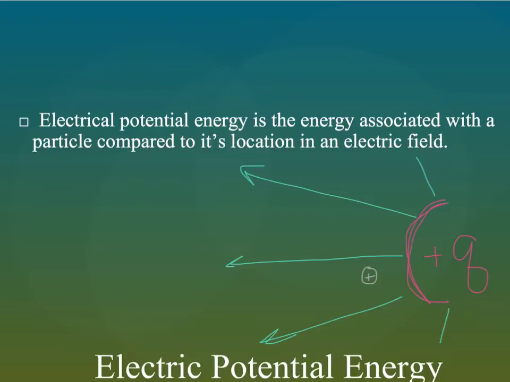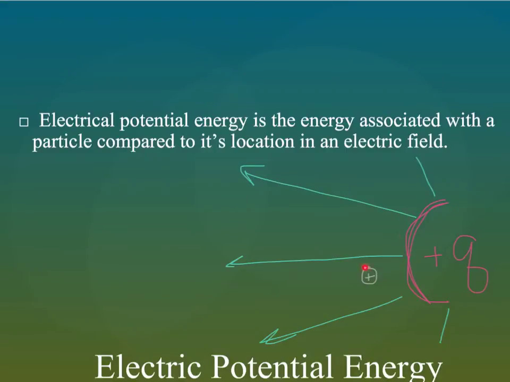So electrical potential energy is defined as the energy associated with a particle compared to its location in an electric field. Remember, when we talk about an electric field, the further we get out, or the more space there is between the lines compared to when they're closer, this is weaker and this is stronger.